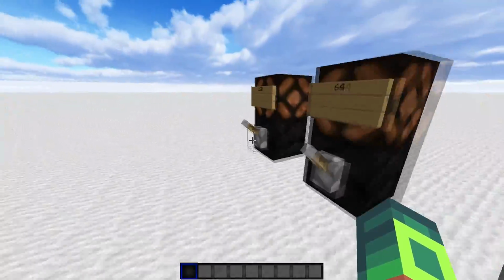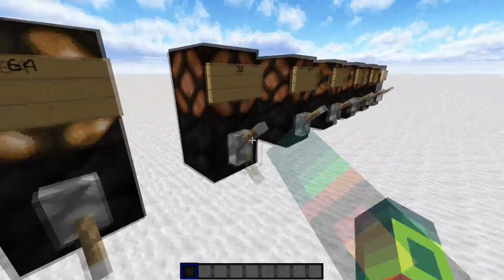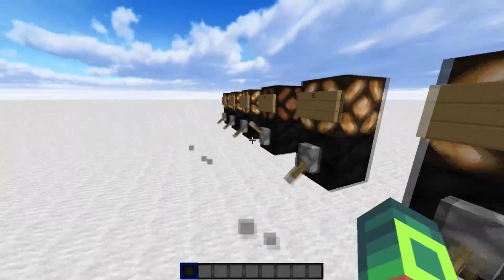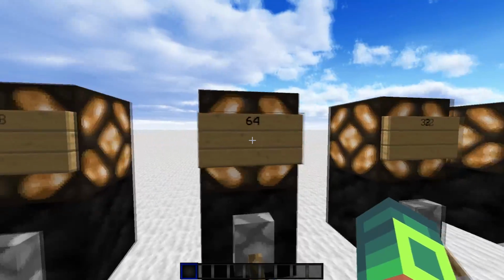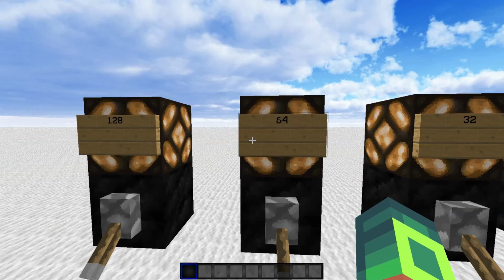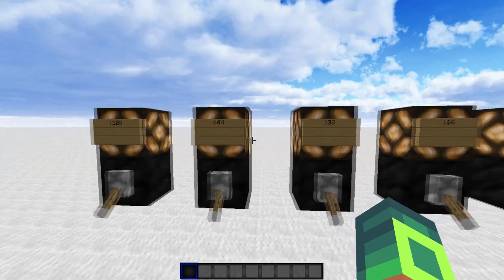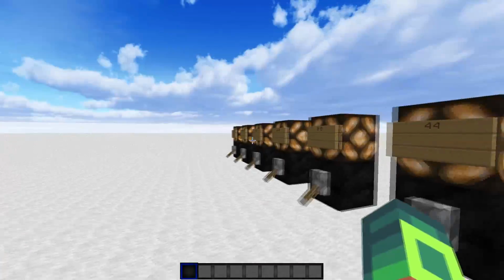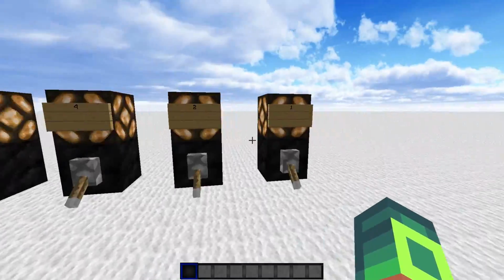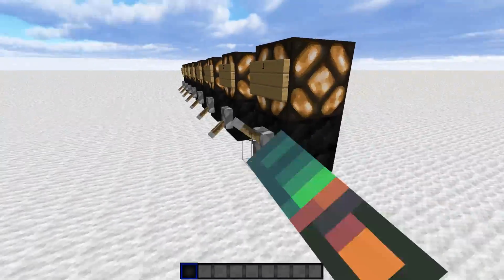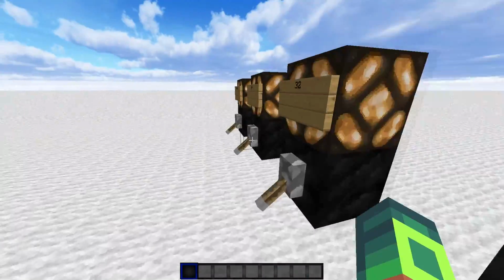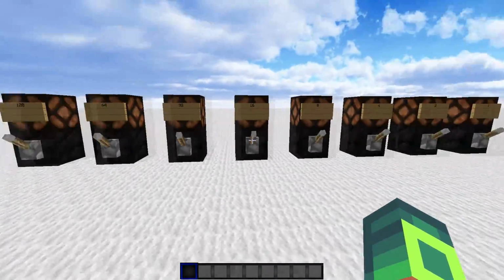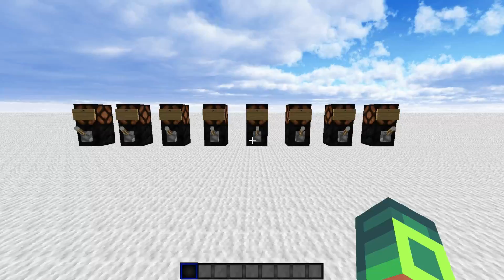So the biggest number is with all of them combined. So that is 128 plus 64 is 192 plus 32 and so on, and so on, and that equals 255. Now, by adding the 0, we got exactly 256 combinations.